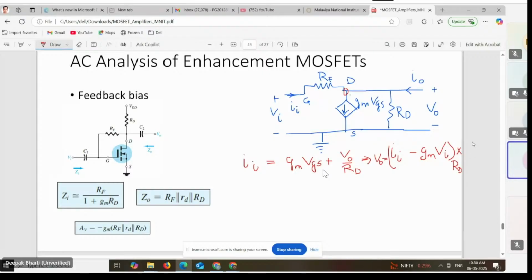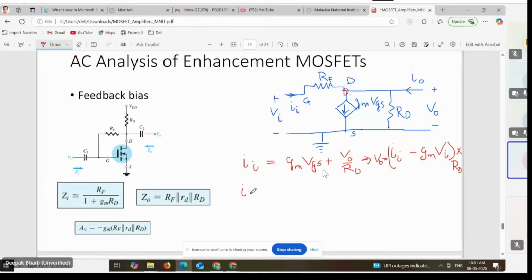Because we have to express the undesired parameters in the form of desired parameters, because we had to take the ratio of Vi and Ii. So V naught is coming in the expression, so we have to eliminate V naught and express V naught in terms of the desired quantities, say Vi and Ii only. Okay, so that's what we have done here. And also we can apply the normal Ohm's law here to get the Ii.